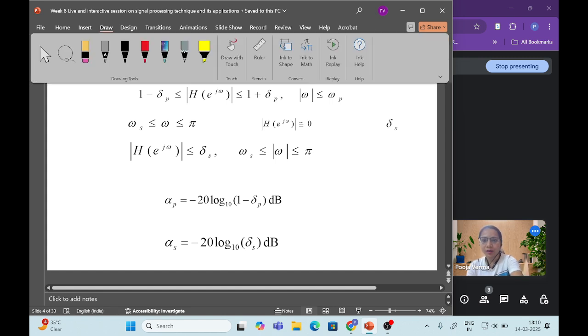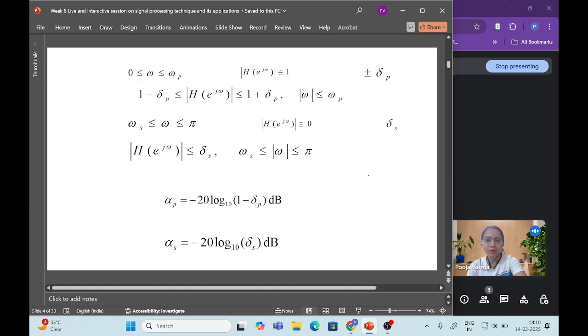In that case the magnitude of the function is equal to 1, and the pass band ripple will vary plus or minus del p, so the amplitude of the function will vary from 1 minus del p to 1 plus del p.